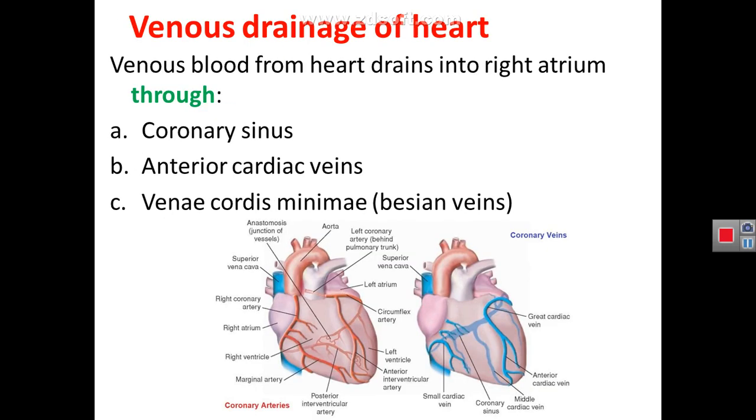In consideration of venous drainage of the heart, the main vein of the heart is the coronary sinus, which is seen in the posterior coronary sulcus.